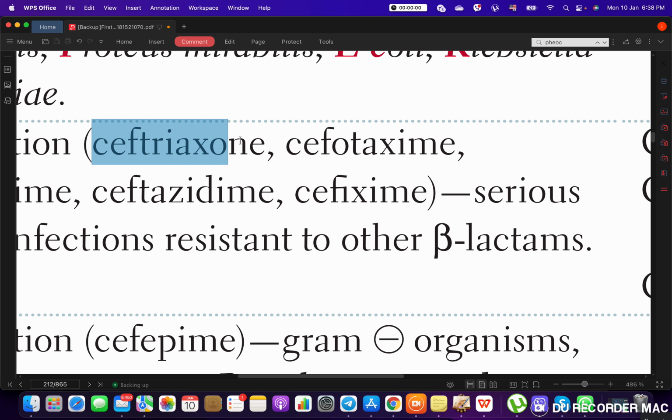So ceftriaxone, is it parenteral or oral? Ceftriaxone cannot be oral. Ceftriaxone is IV or IM. But cefotaxime is oral, okay?